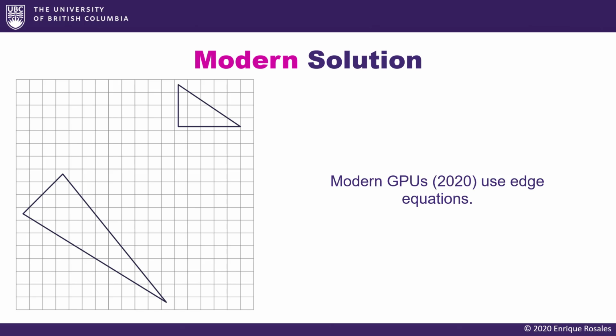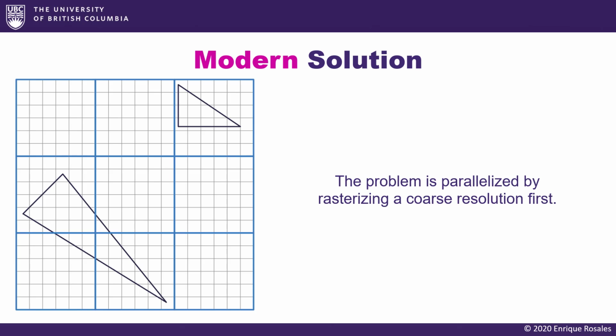Well, it turns out that modern GPUs use that, at least as of 2020. And the way you do it is by first splitting the problem, or parallelizing the problem, by rasterizing a coarse resolution first. So yeah, it's true. If you compute every single pixel in the original image, it will be a waste of time. But now we can actually parallelize and create blocks or chunks.